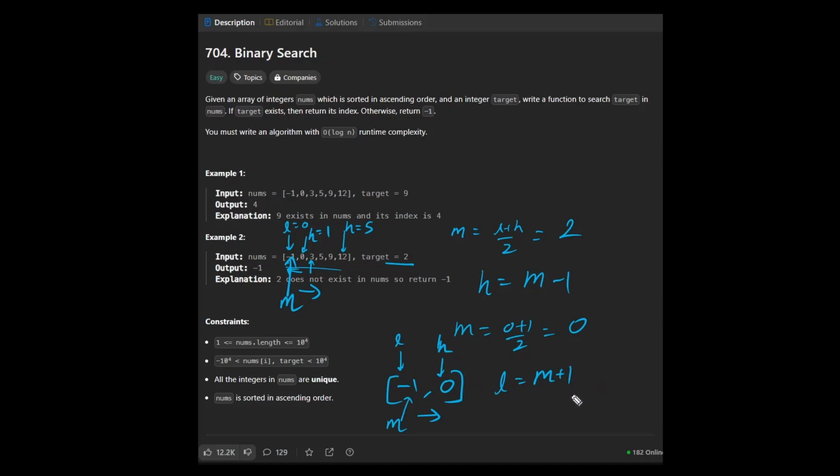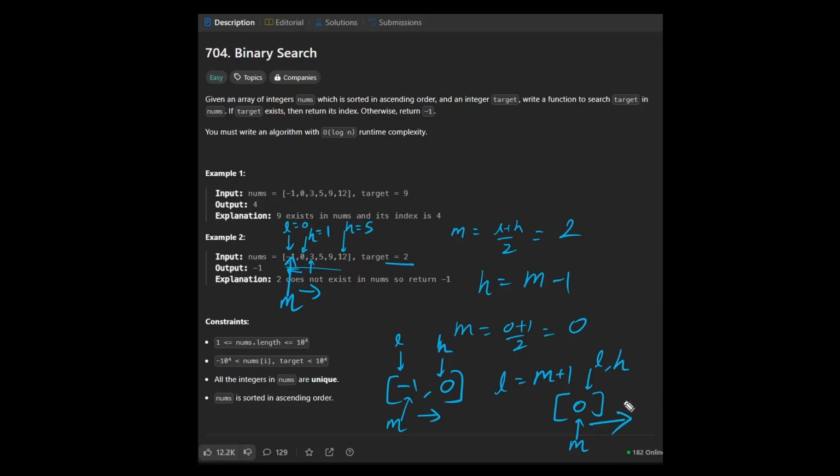So low is at high. So now we have just one element. It's low and it's also high. What would be the middle? The element itself. Let's check if this element is matching with 2. It's not. So what happens next? On which side can we find an answer? Now we know we cannot because it's just one element. But on which side would we find the element?